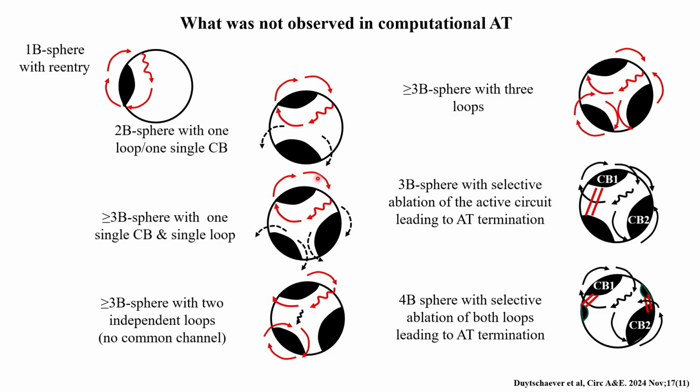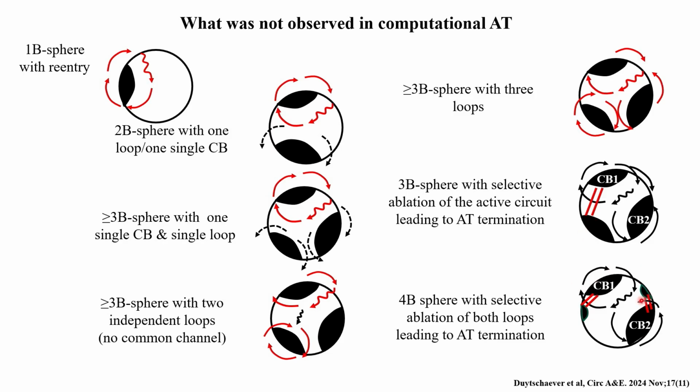An atrium with 3 boundaries, with 1 loop, 2 parallel activations, doesn't exist. 2 independent loops without a common channel, doesn't exist. 3 loops, you will read it in literature, doesn't exist. The idea that selective ablation of the active circuit would lead to AT termination, we read it, we get it from reviewers. It will never terminate, it will always continue. And this one is also nice.